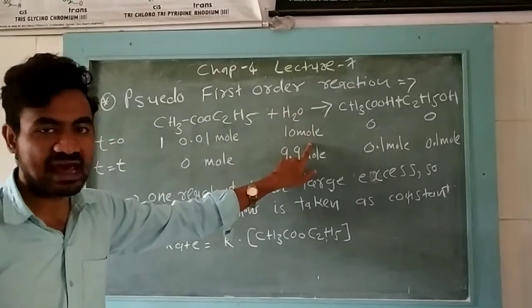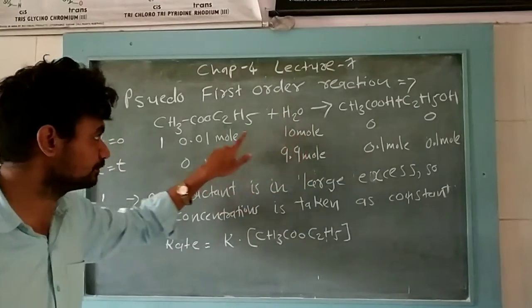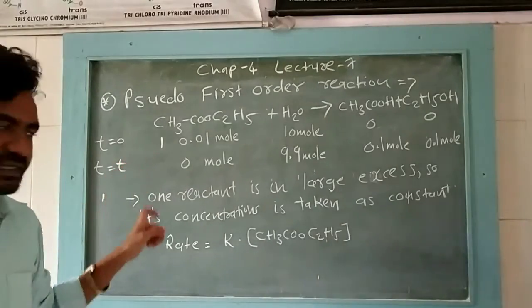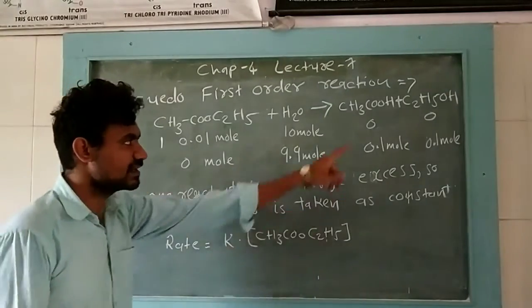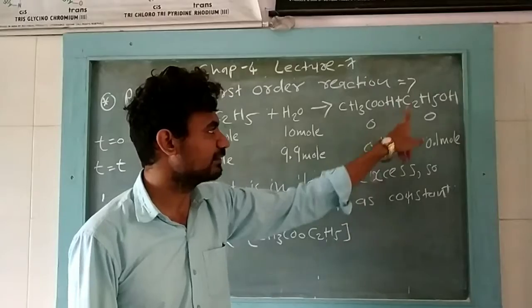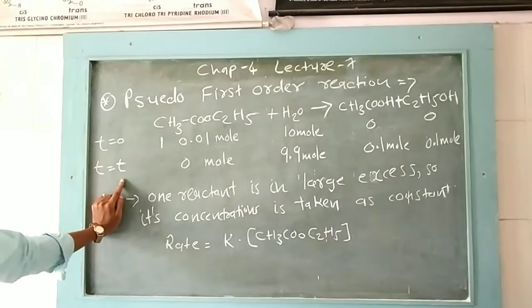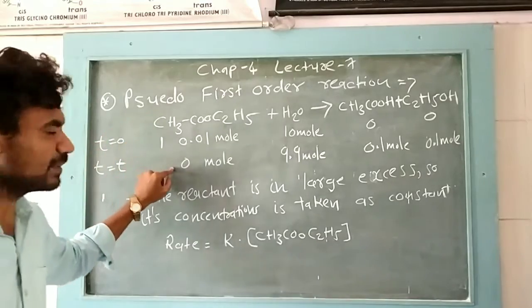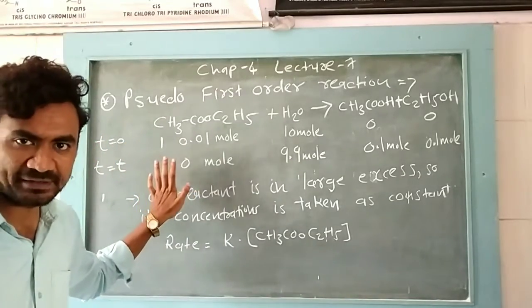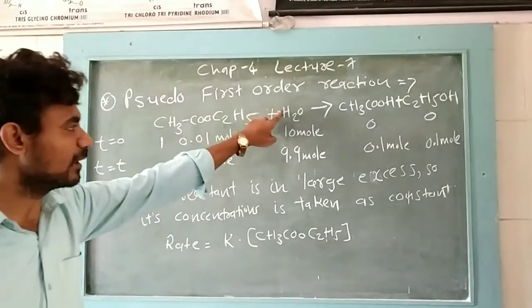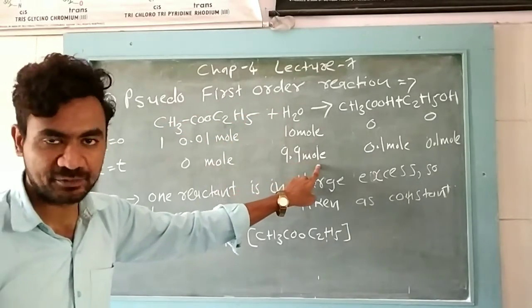Water is in a large excess amount and the ester compound is very little here. At the initial stage, at the beginning, the product is 0. Now suppose at time t, the ester compound is used completely. So it becomes 0 mole here, and water becomes 9.9 mole.